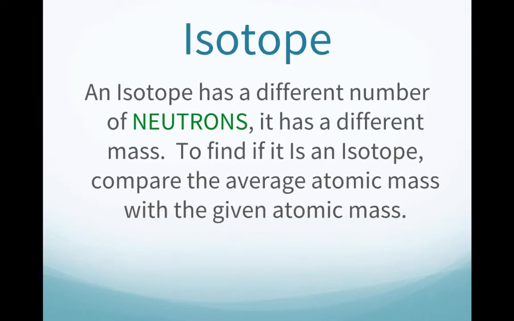An isotope has a different number of neutrons. It has a different mass. Remember in class how I talked about finding that one hydrogen atom that had a mass of 2? That hydrogen atom is an isotope of hydrogen. To figure out if something is an isotope, you have to do a comparison between the average atomic mass that's on the periodic table and the atomic mass that you're given in the problem.